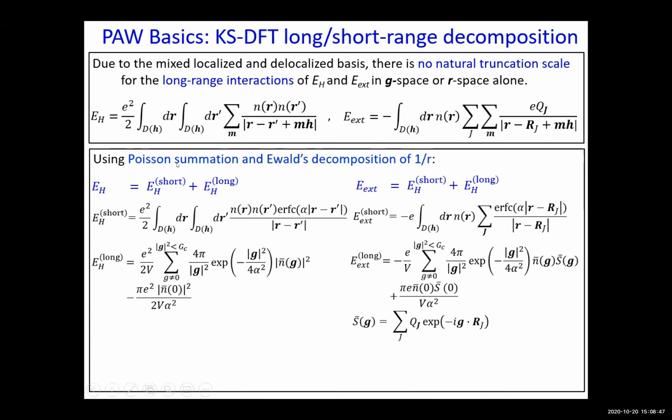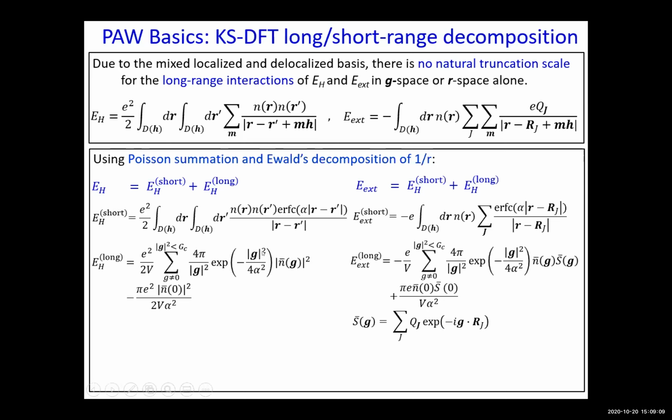So we use two tricks, two things from mathematics. An algebraic identity from Ewald, where 1 over R is equal to the ERF over R plus the complementary error function. This splits these terms with Coulomb's law into two parts, a long-range part and a short-range part.